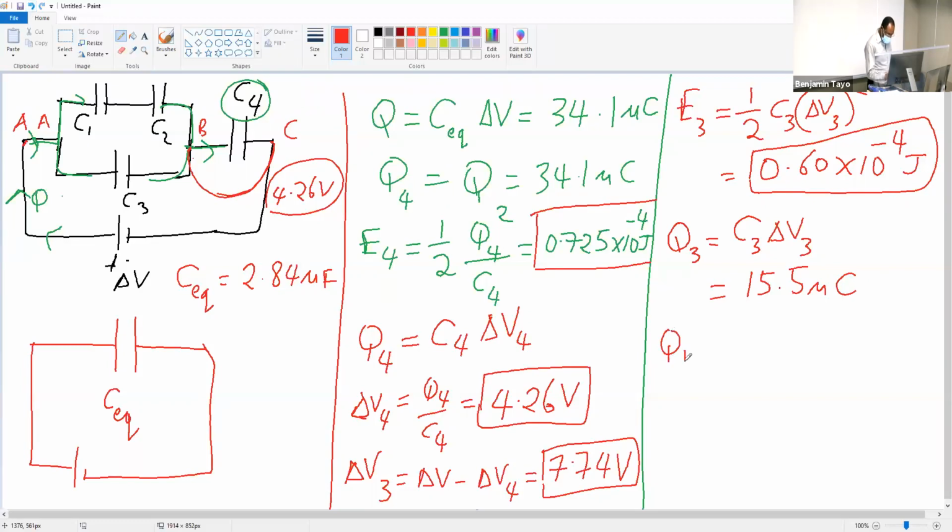So Q1 plus Q3 must be equal to Q. Will the delta V be the same for 1 and 2 as it was for 3? So delta V1 should be different from delta V2 because C1 and C2 are in series.